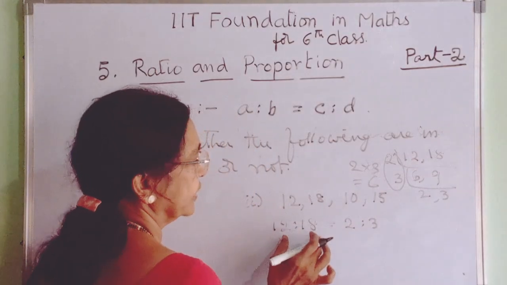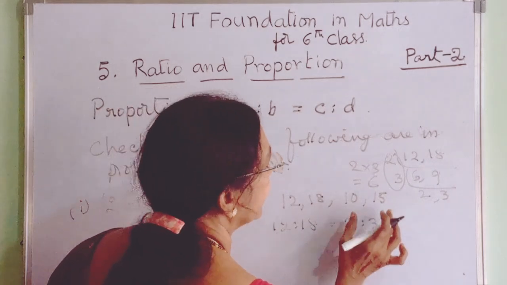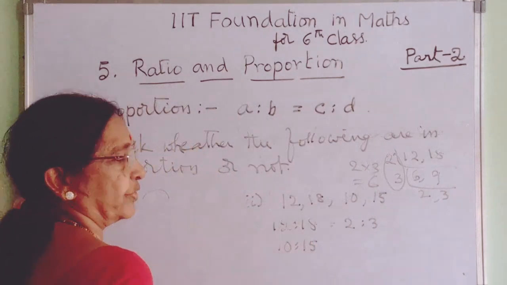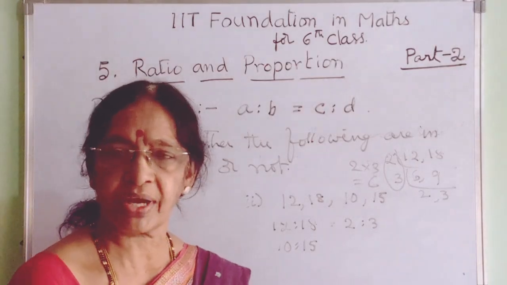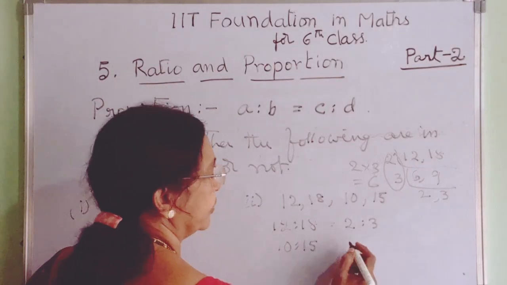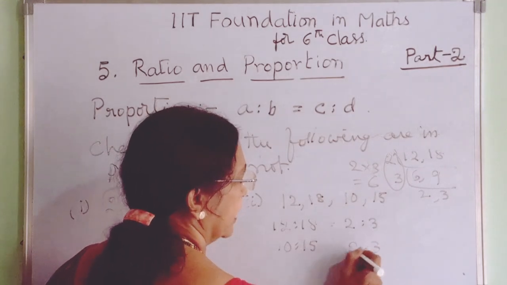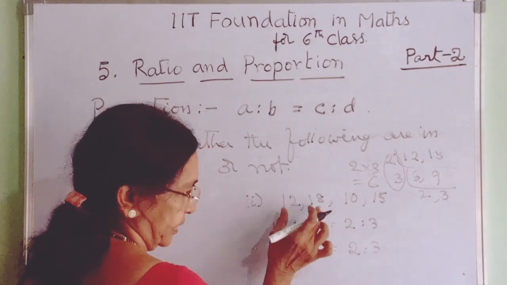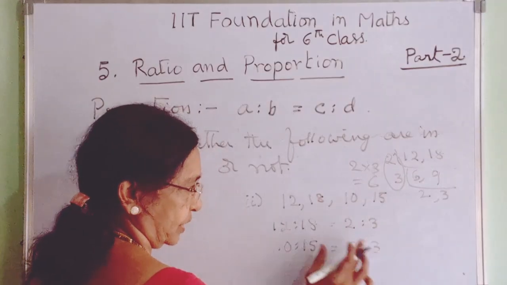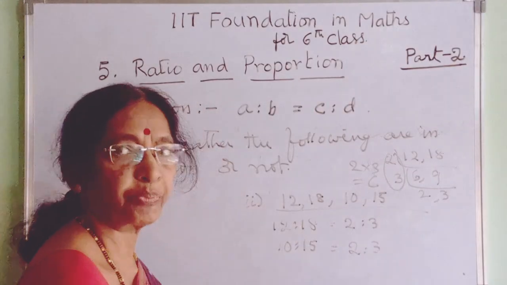So 12:18 is 2:3. Now we will find 10:15. The highest common factor is 5. If we divide the two terms by 5, 5 twos are 10, 5 threes are 15. Therefore 12:18 is equal to 10:15, that is 2:3. Therefore, these four are in proportion.